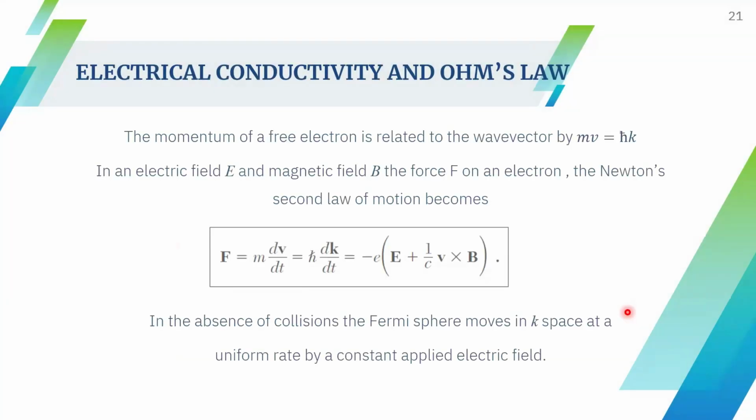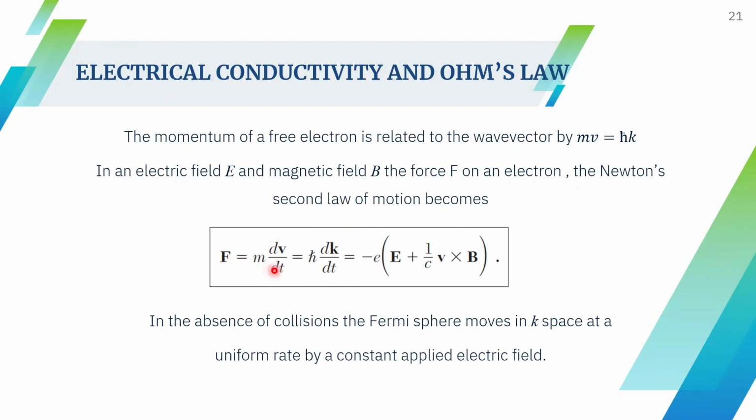Now you can see electrical conductivity and Ohm's law. Now I would like to introduce that the momentum of a free electron is related to the wave vector by mv equals ħk. Now we would like to take an electric field E and a magnetic field B, so the force is acting on an electron. Newton's second law of motion becomes the following equation.